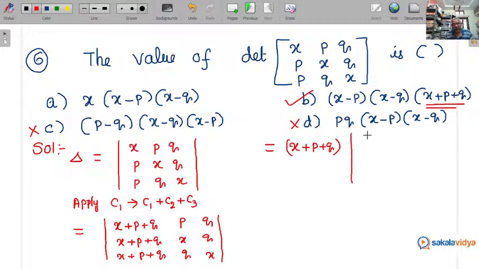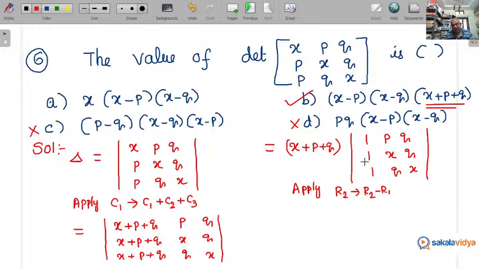So the determinant of this will be 1 p q, 1 x q, 1 q x. Now apply R2 is written as R2 minus R1, we are changing the second row, and R3 is written as R3 minus R1.